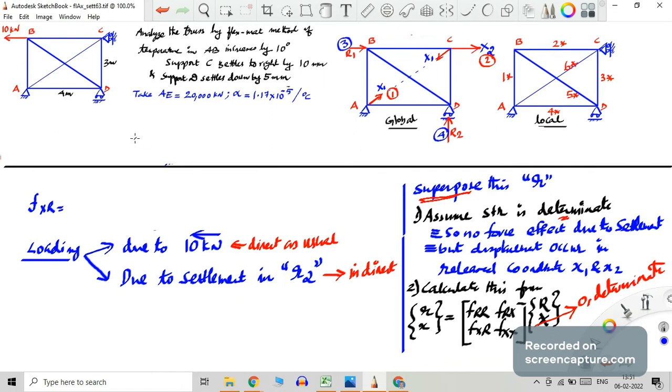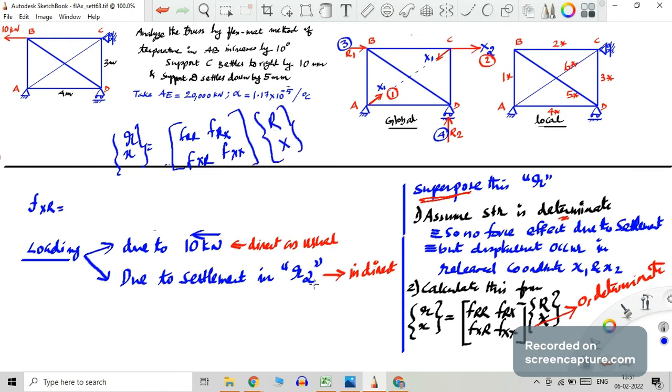You know the basic equation of flexibility, R and X equal to FRR, FRX, FXR, FX multiplied by R and X. So when we assume the structure to be determinate as in the global coordinate we have selected, what will happen is no redundants.